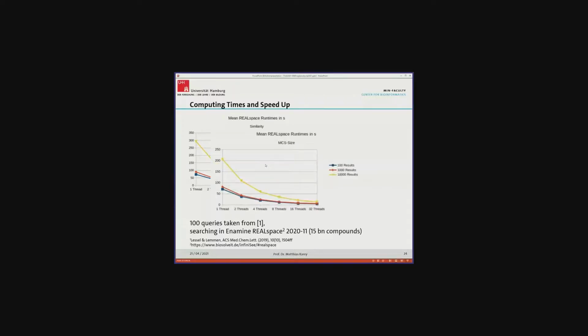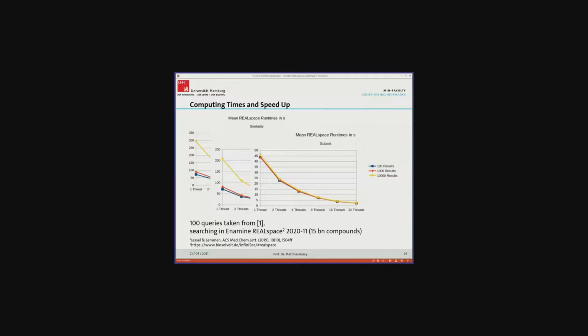It goes faster if you look for MCS size only, and even faster if you do a real substructure search, and then you are in the order of seconds if you have a reasonable machine available. All these calculations were done on 15 billion compounds with a REAL space on reasonable machines with this number of cores.